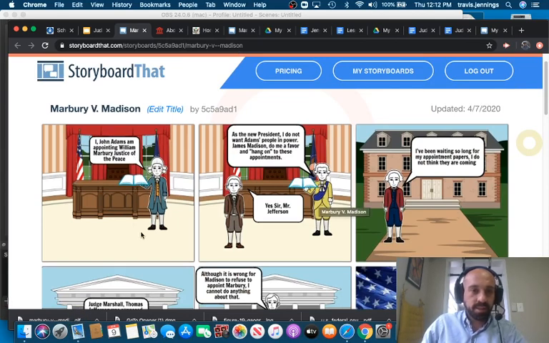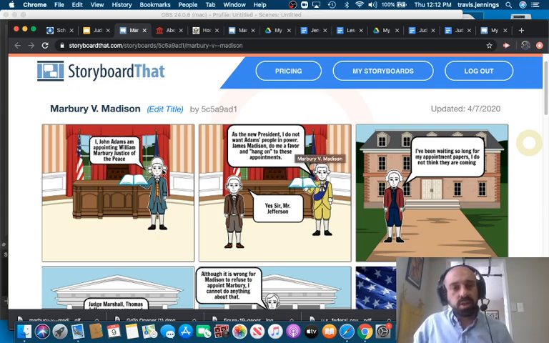So here's what happened in Marbury versus Madison. John Adams was the second president of the United States, and he appointed William Marbury Justice of the Peace, right? And Thomas Jefferson, the third president, came in right after John Adams.